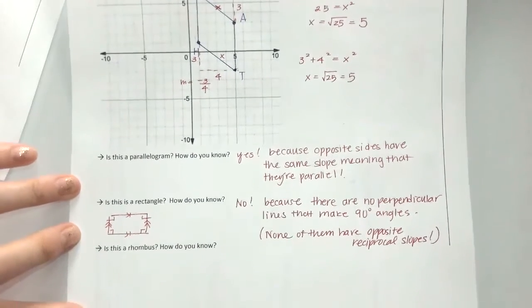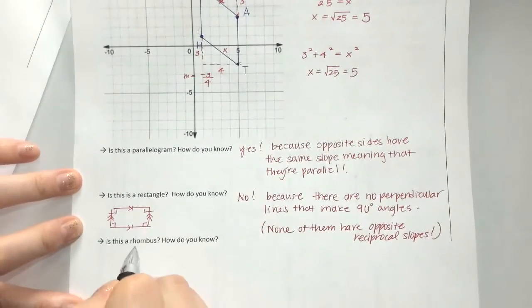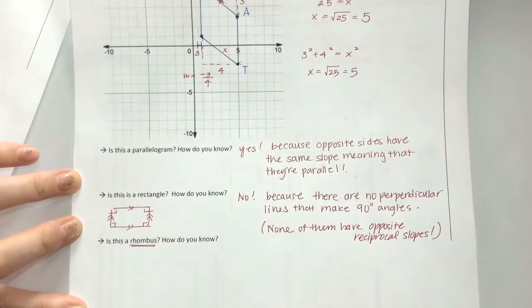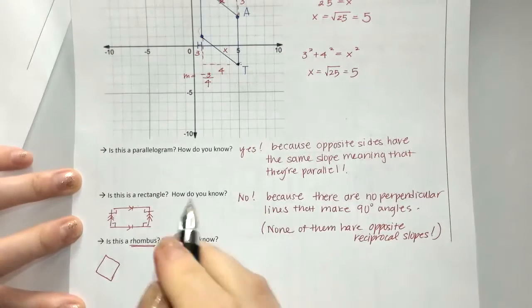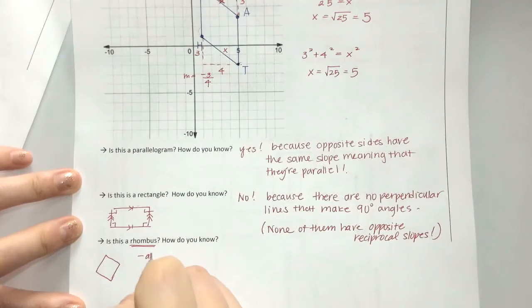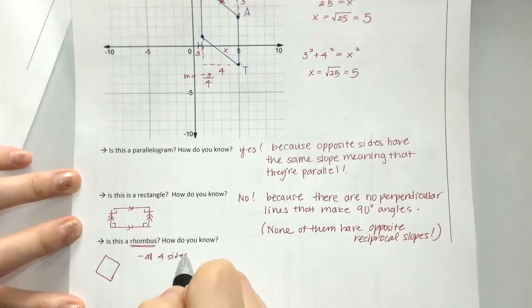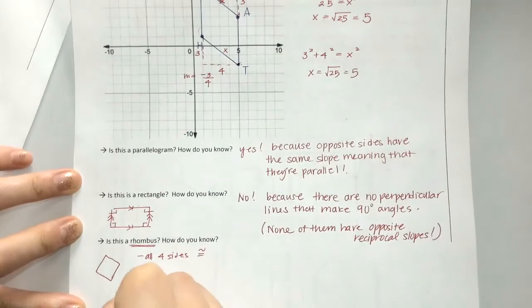So then the last part, this is something new, rhombus. First of all, what is a rhombus? A rhombus is the one that generally has the diamond shape. And what's special about them is that all four sides are congruent and opposite sides are parallel.